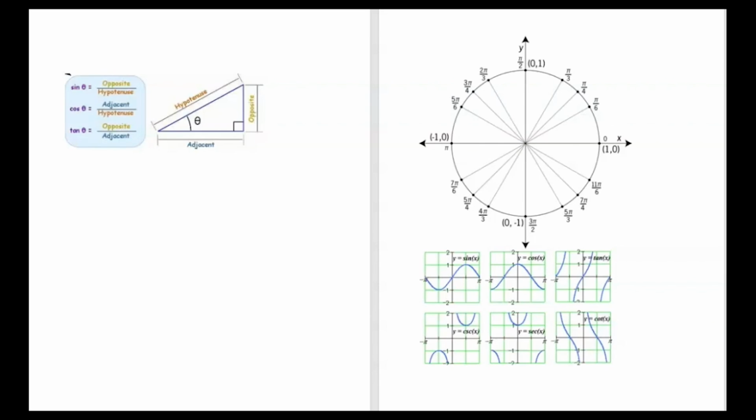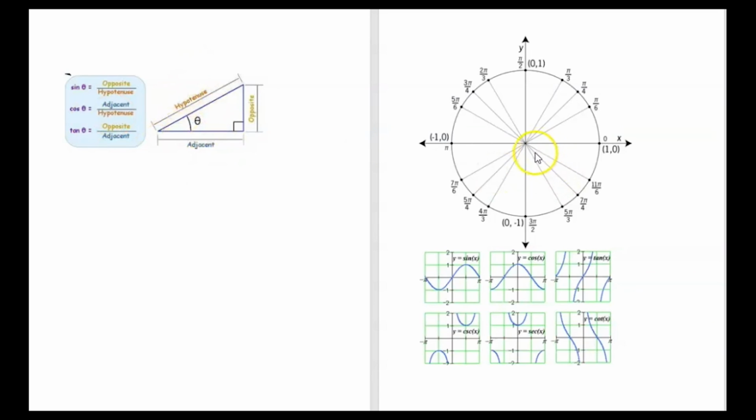Hello, we are going to go over trigonometric functions and what they look like on graphs and what are some key points we want to look out for on the unit circle that changes the way that these graphs look like. So let's start off with the basics, which is the sine, cosine, and tangent relationships of a triangle.